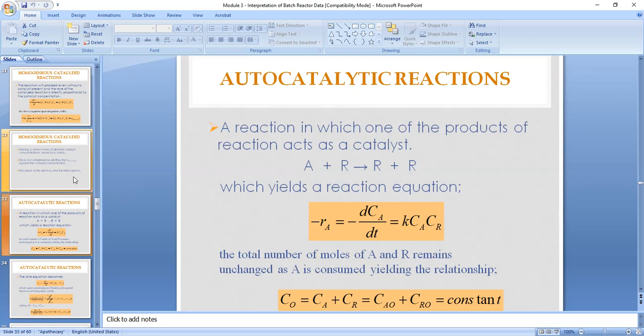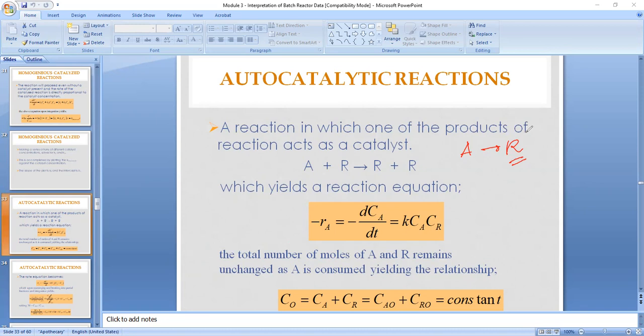Your reaction, by the way, is originally written only as A forming R. And since this R has a catalytic effect, meaning the more R that you have, the faster the reaction, you modify the manner of writing your original reaction of A forming R.